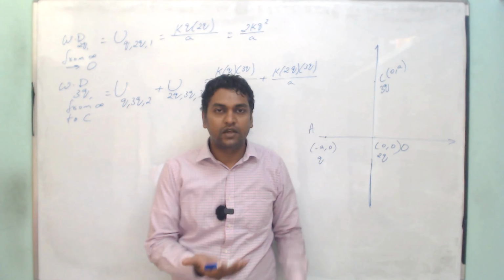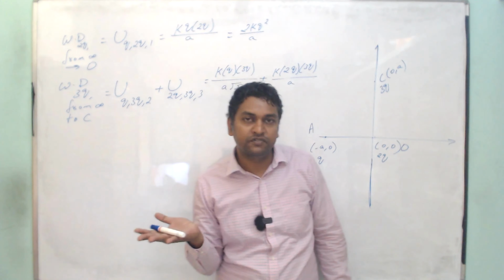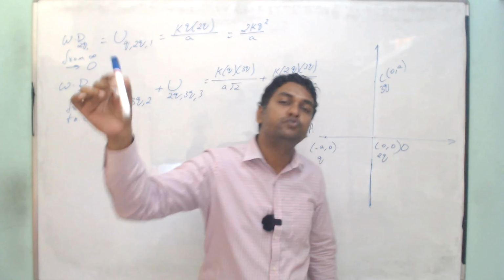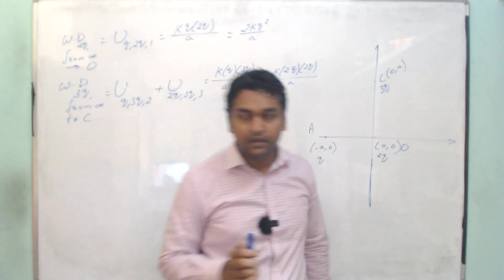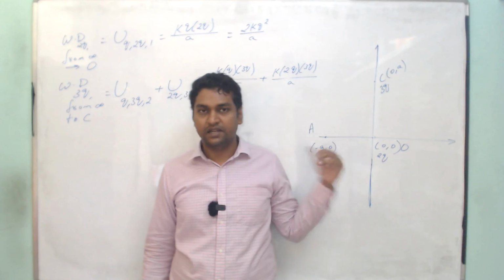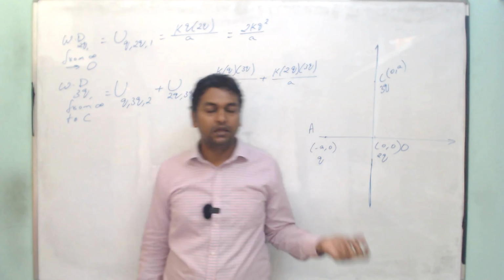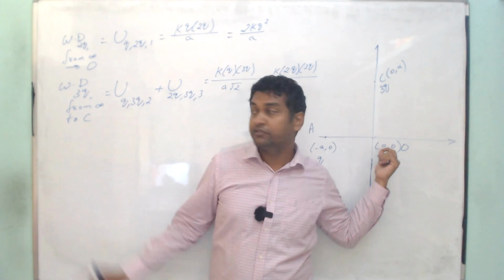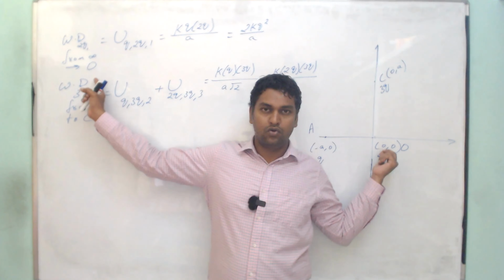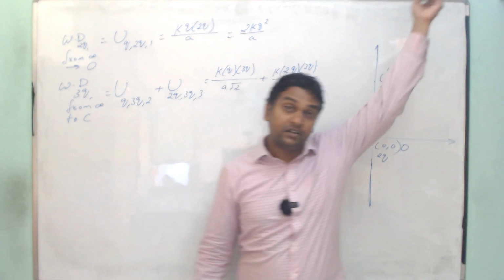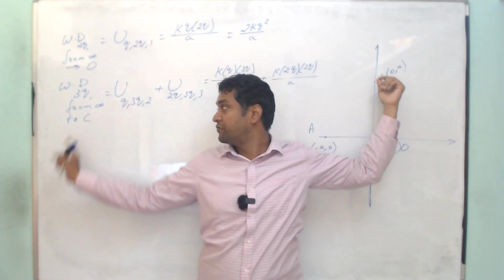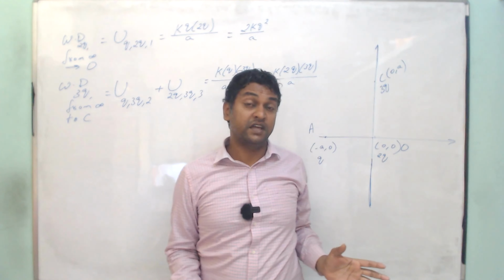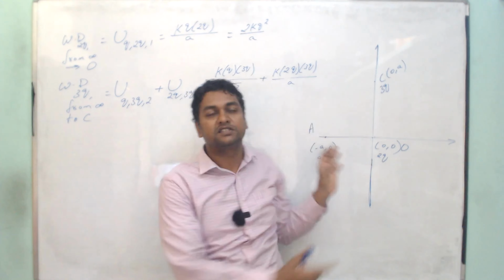So if I spend 10 joules of energy to raise this marker, now this marker has 10 joules more than what it had. Similarly, initially this entire story had 0 energy. The work done to bring 2Q charge from infinity to O, and the work done to bring 3Q charge from infinity to C, this entire work done is stored in the system.